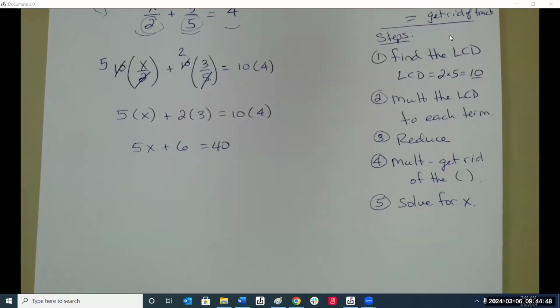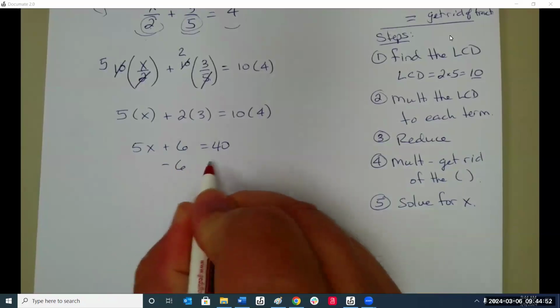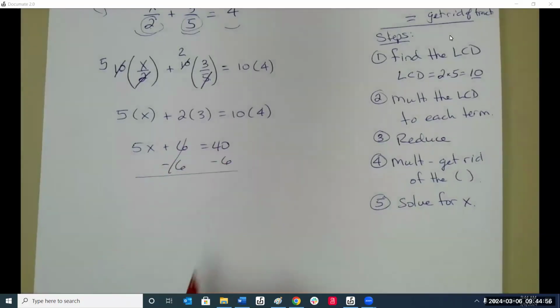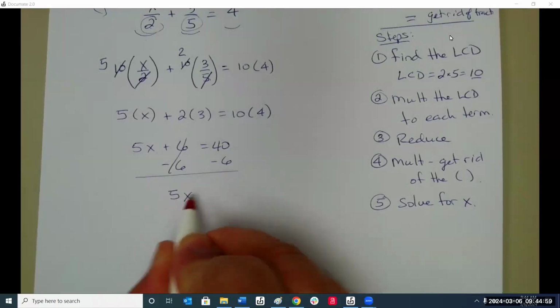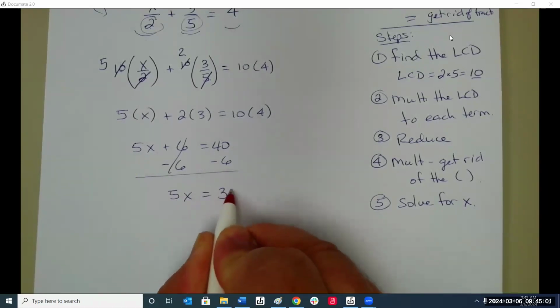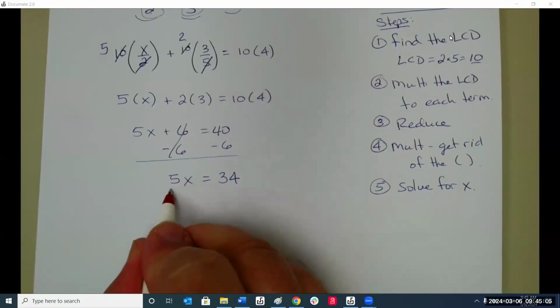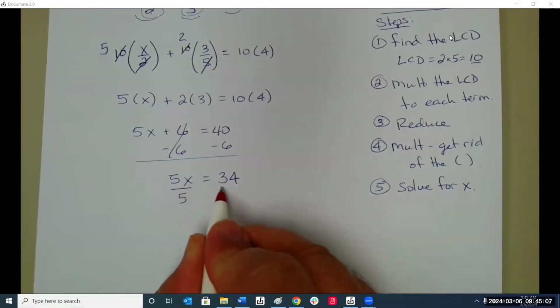How do we solve for x? Subtract 6 first, from both sides. So we have 5x equals 34. And then divide by 5.